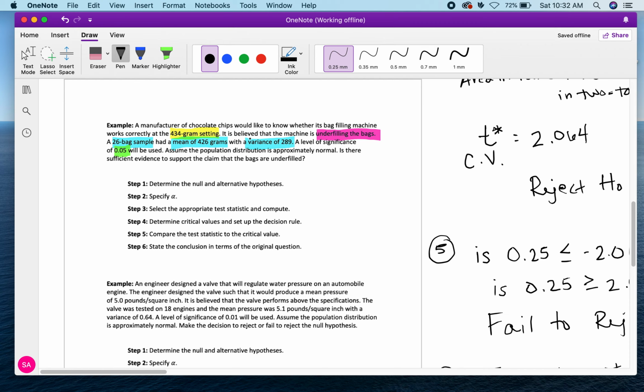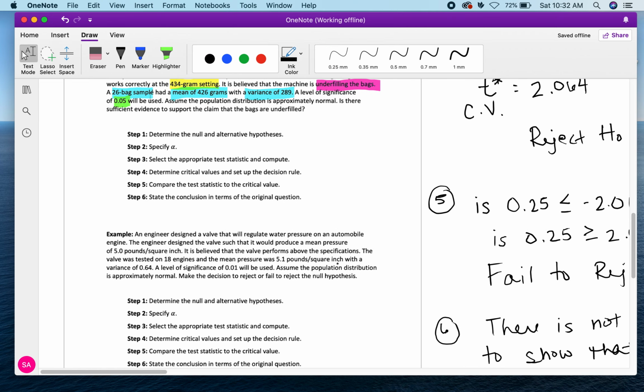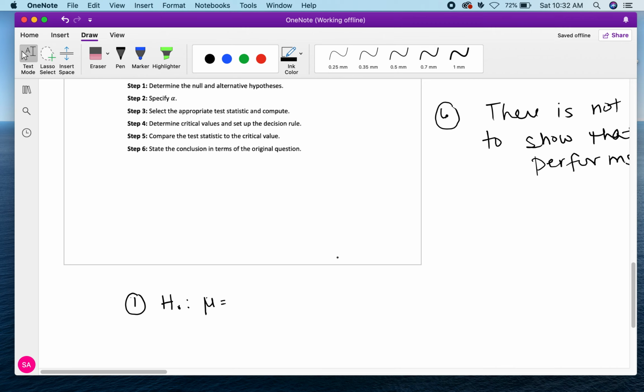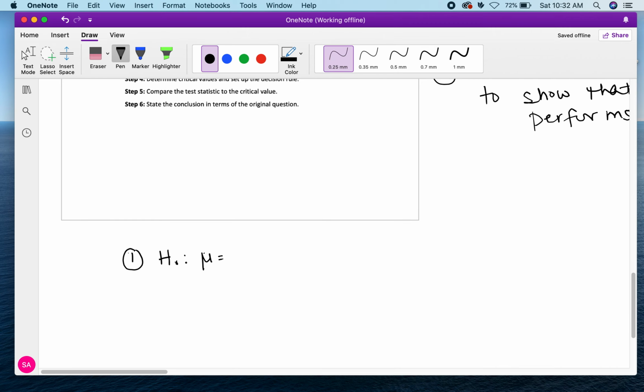Remember this first sentence: a manufacturer of chocolate chips would like to know whether its bag filling machine works correctly at the 434 gram setting. That means that's what they built it to do. That's what it's designed to do. So that's going to be the value we use in our hypotheses. So our null hypothesis is mu is equal to 434. Our alternative hypothesis, so they want to know if the bags are being underfilled. So that would be less than, right? Less than 434.